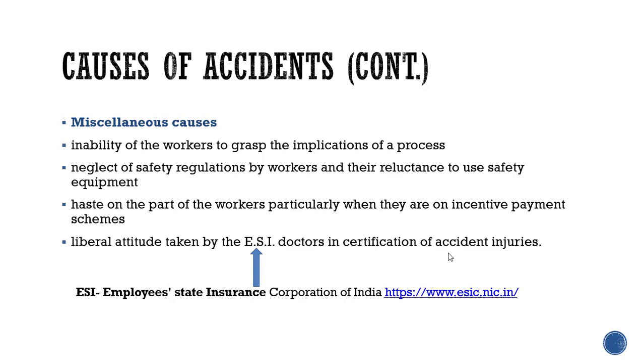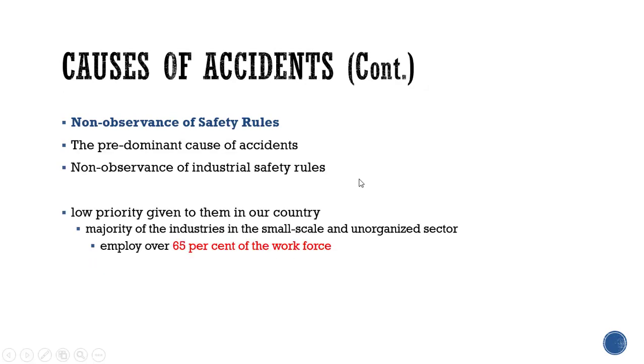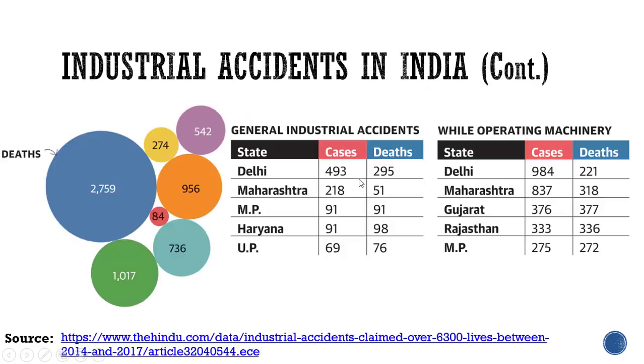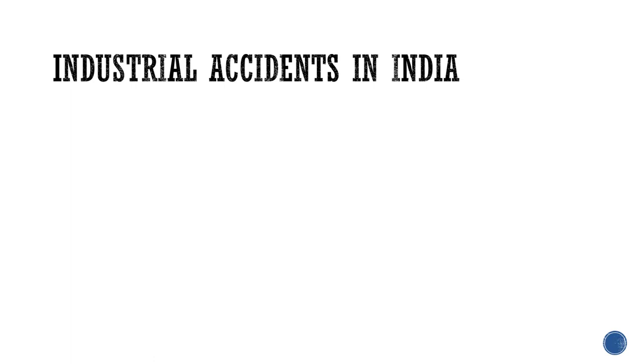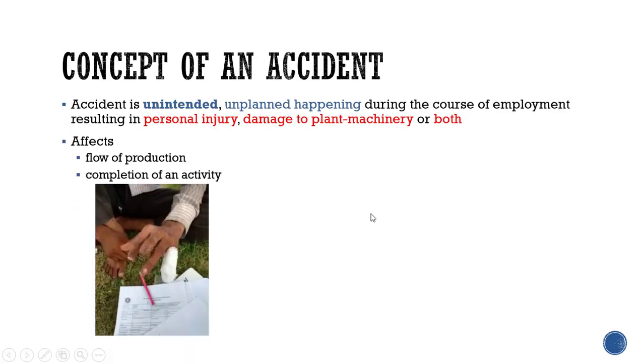In the initial stage, we have seen a picture. Here you can see that his finger is completely injured. We don't know whether he can continue his job, whether he can provide for his family hereafter, or what kind of job he can do.